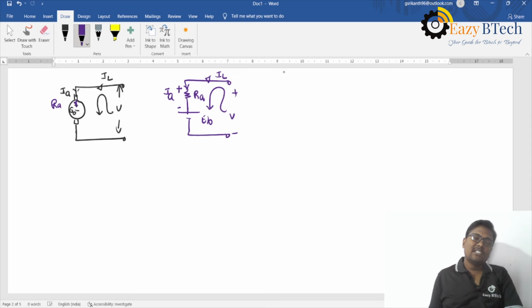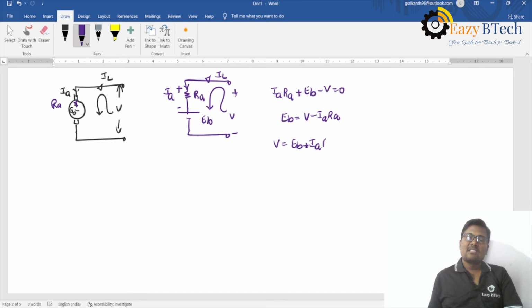If you apply KVL to this loop, Ia Ra + Eb - V = 0. Then I got this equation: Eb = V - Ia Ra, or V = Eb + Ia Ra.